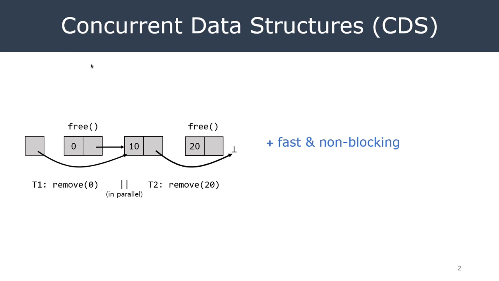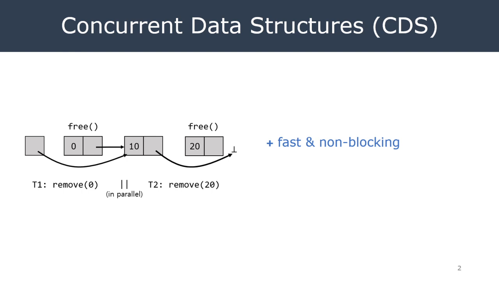Let's say that T1 removes the value 0 by updating the head pointer from the first node to the second node. Similarly, T2 is effectively removing 20 by updating the next pointer of node 10 to the later one, here the null pointer in this example.